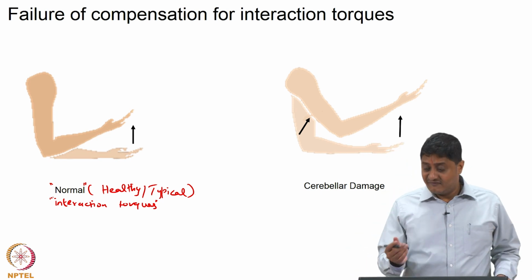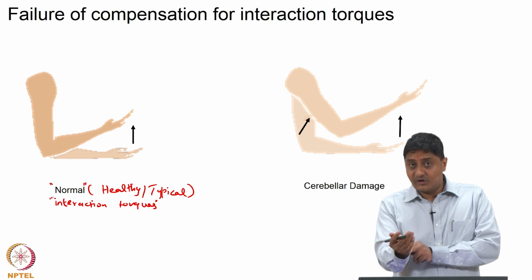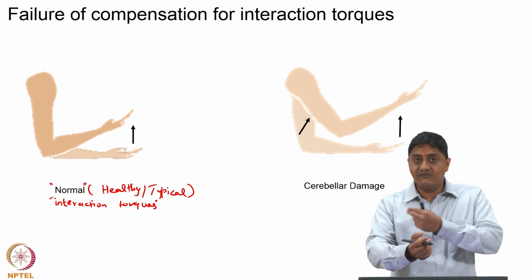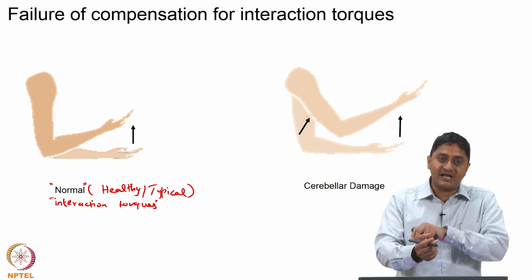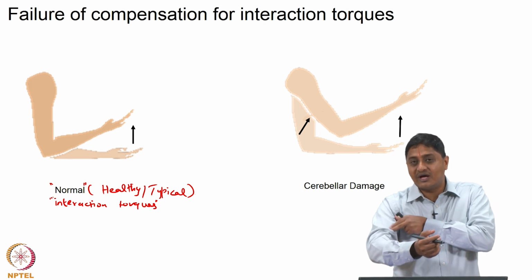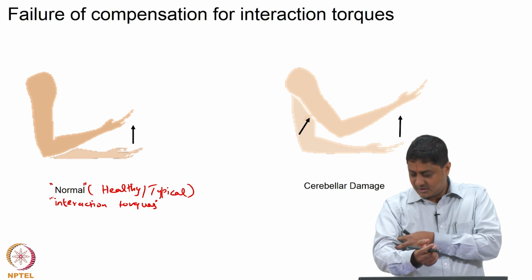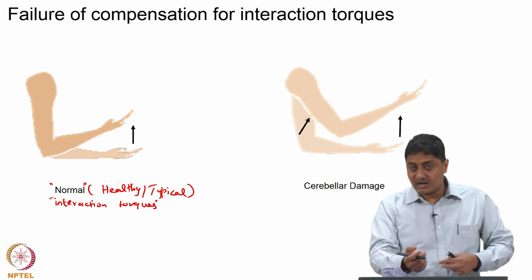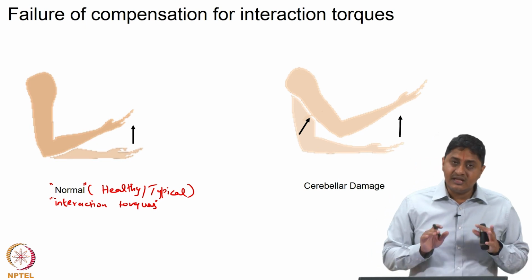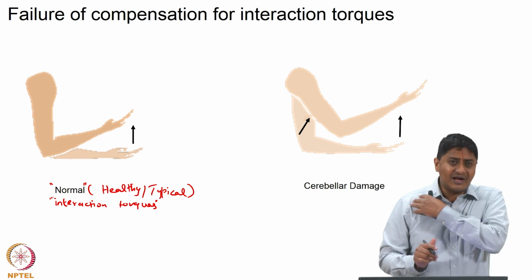For example, when I am moving the forearm, the movement also produces unintended torques, or at least interaction torques, because the forearm is connected to the upper arm. Because of that, it produces an interaction torque on the upper arm, causing the upper arm to move, yet in healthy individuals the upper arm does not move. Why? There is no movement at the shoulder joint.